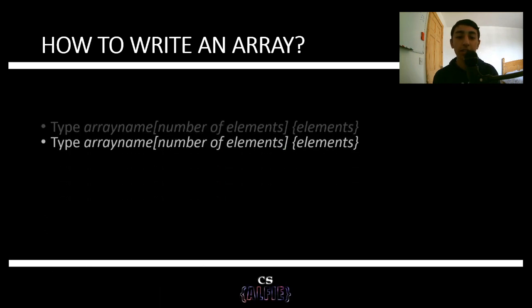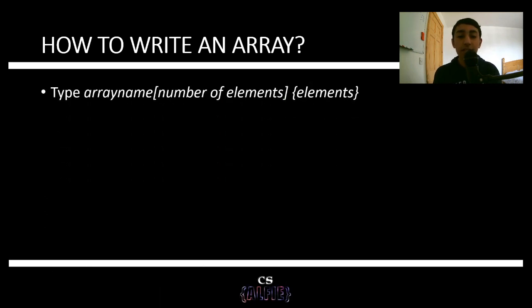Now how do we write an array? This is the format of how we declare an array. So first we write the type of array. So for example, if it is an array of integers, we write int, and then followed by the name of the array, which can be anything, and then in square brackets we write the number of elements that the array is going to have.